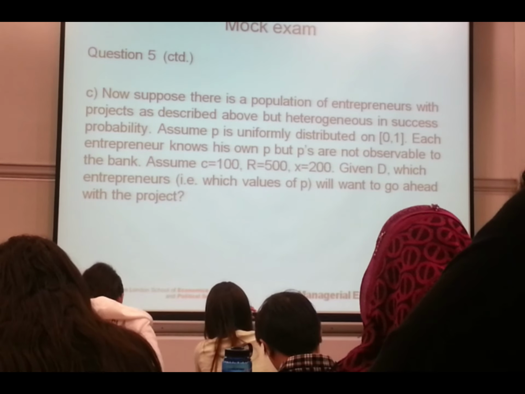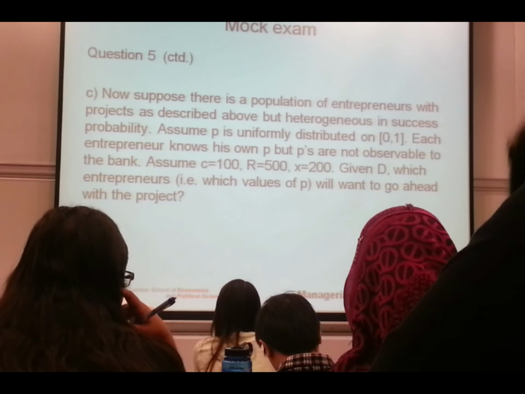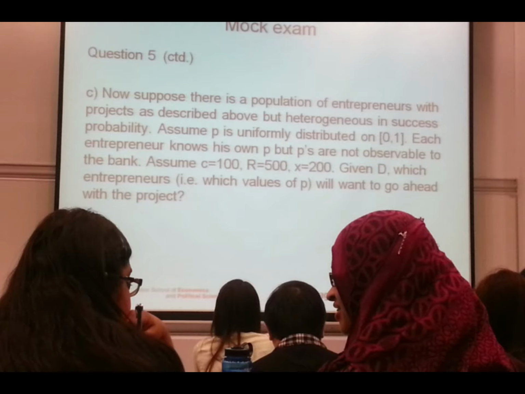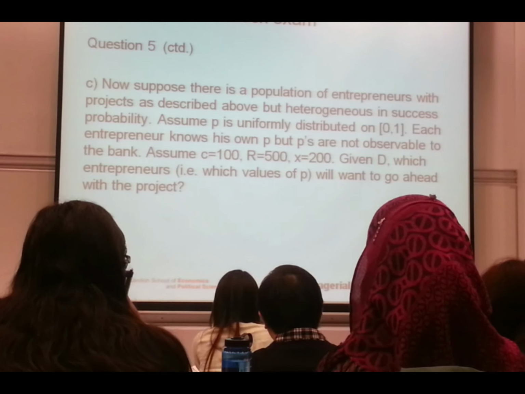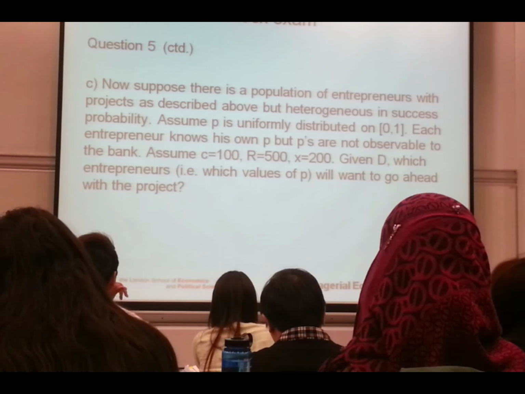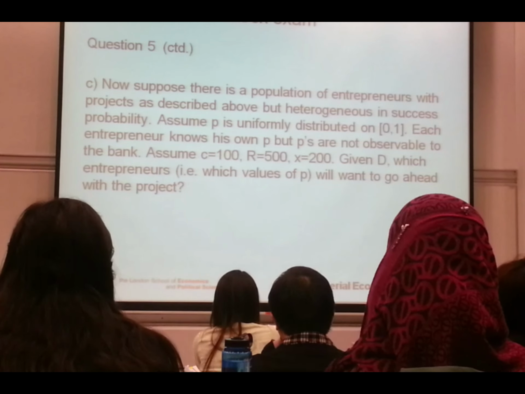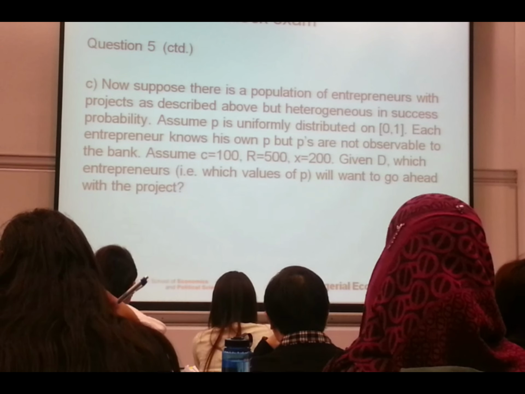Now we're assuming that there's a population of entrepreneurs. They have these kinds of projects, but they don't have the same probability of success. They're heterogeneous in terms of probability. And here we assume that P is uniformly distributed between 0 and 1. I know my own probability of success, but the bank doesn't. We then assume some numbers.